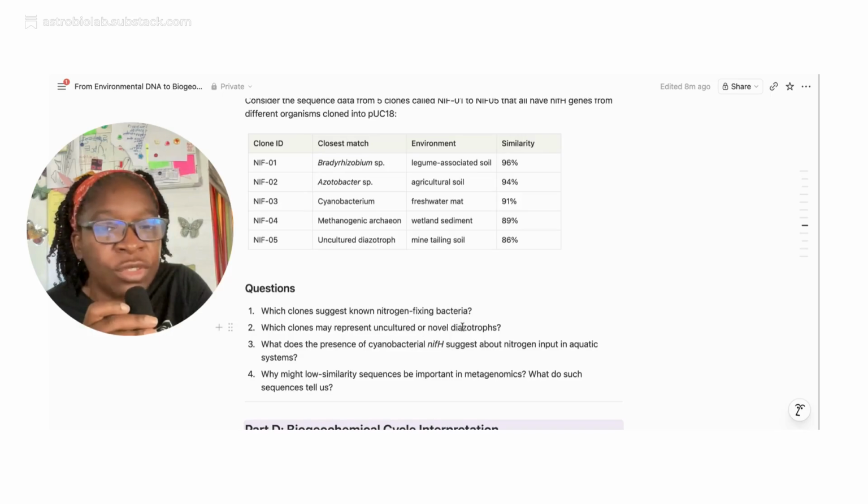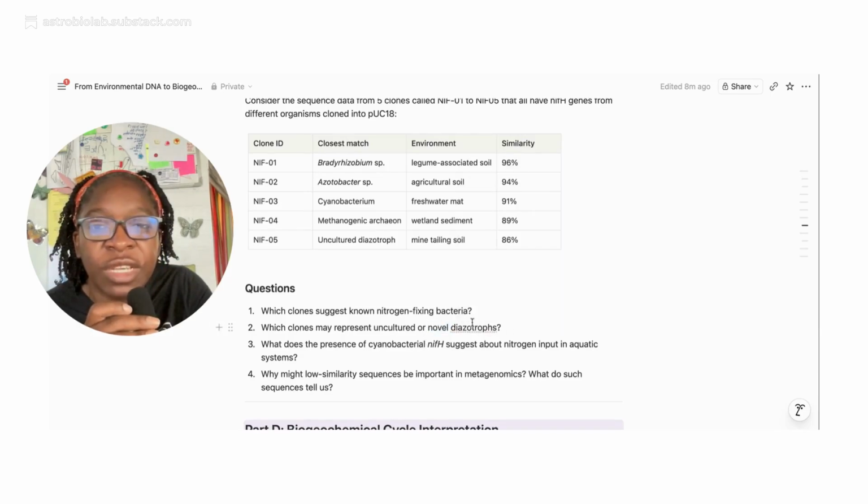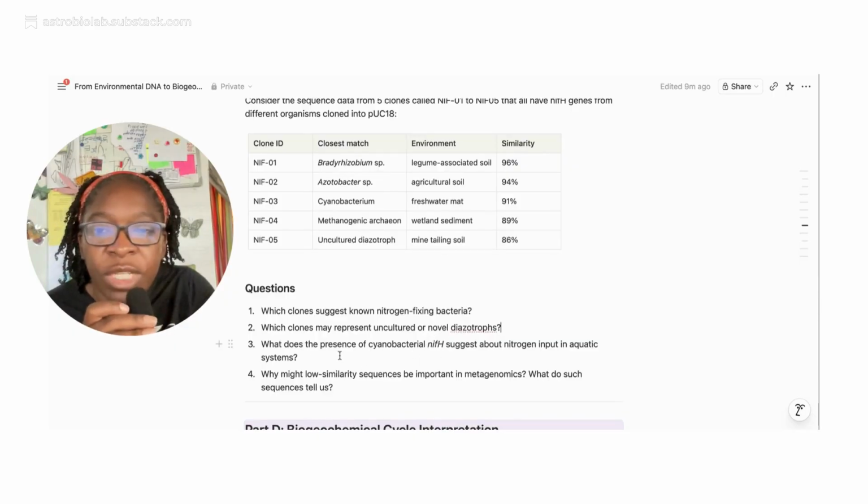And is it really new? Is it found in the literature already? So when you do your literature search, that will come out and you'll be able to determine that. What does the presence of cyanobacteria nifH suggest about nitrogen input in aquatic systems? So again, you do a little literature research about it and then see how that fits in. But you can see that it's got high similarity.